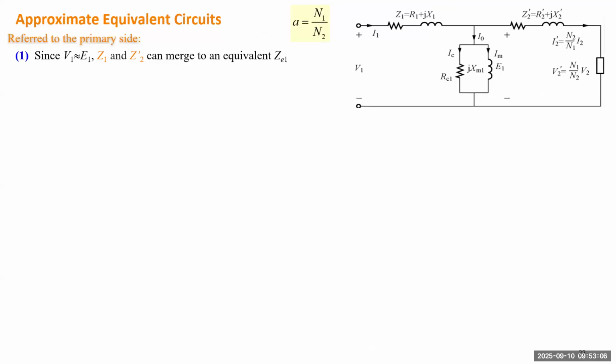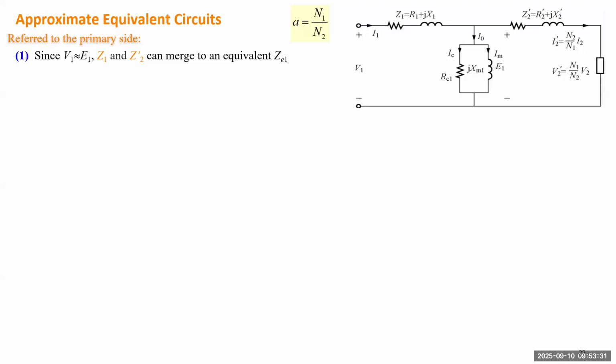Okay, so what is important to us is to get some approximate equivalent circuit, which is good enough for calculation for power systems, right? Because our goal is to study the power flow and also the operations of the power system. So for the transformer, we want just an accurate enough equivalent circuit, which is convenient to use.